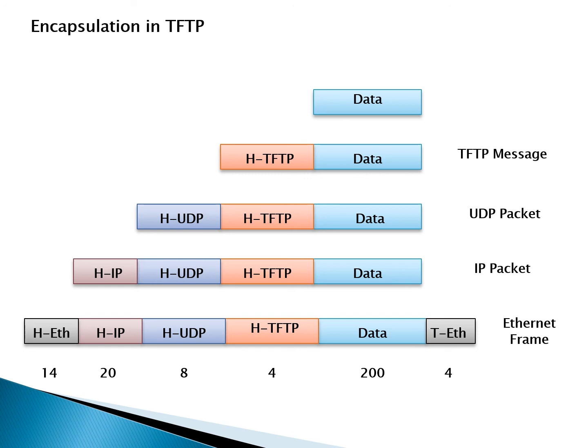Actually, 200 plus 4 plus 4 plus 8 plus 20 plus 14 is equal to 250 bytes of data transmitted. Actually, we are transmitting only 200 bytes of data, and these 50 bytes are overhead.